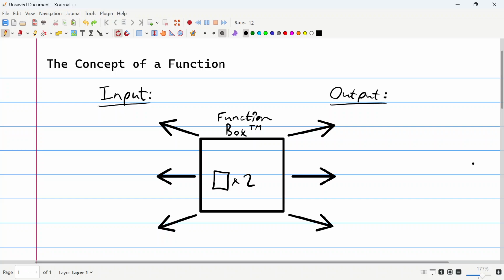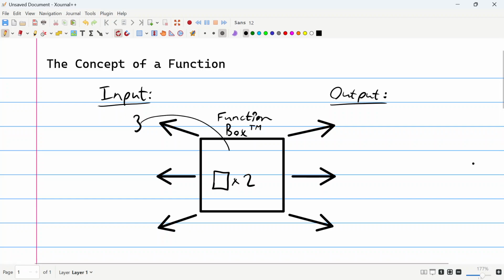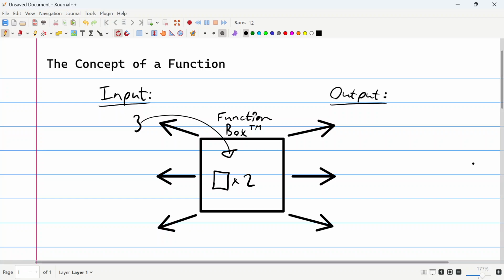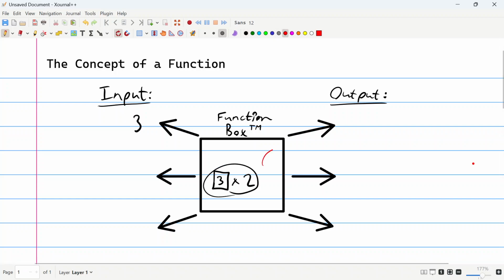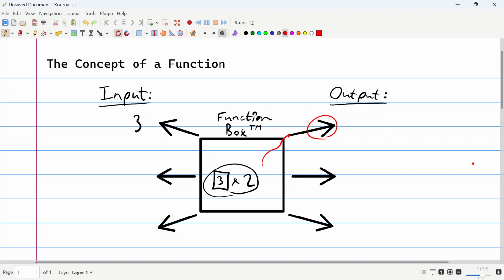So basically if I take the value of, let's say, 3, and I put it into this function box, the 3 will go inside of this box, it will do the multiplication, then it goes all the way out, and then bam, just like that, it produces 3 times 2, which is 6, okay?